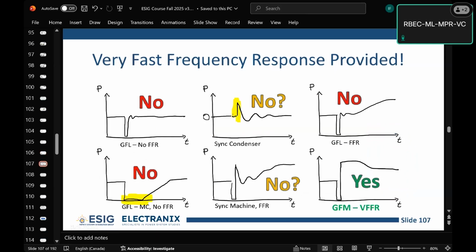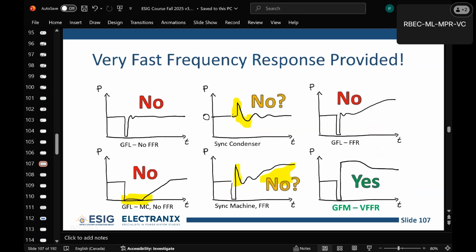You get the grid forming response from the machine, but then it's a machine, so it has to swing. So you get the active power energy there, and then it swings down. If you have a synchronous machine with FFR, again, you get that nice punch of energy, but then it takes it back and then slowly gives you the energy over here as your synchronous machine's governor kicks in and you get the FFR response.